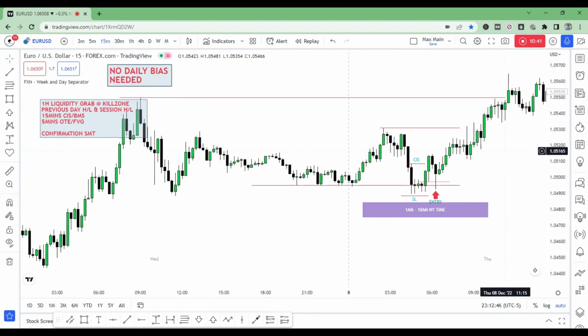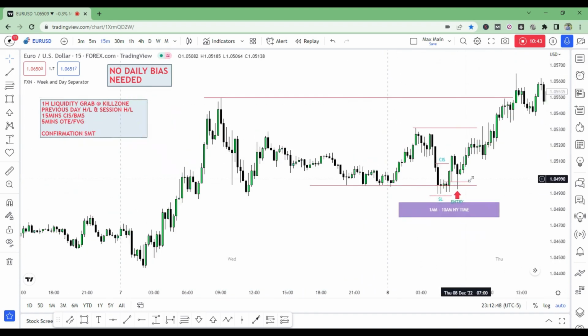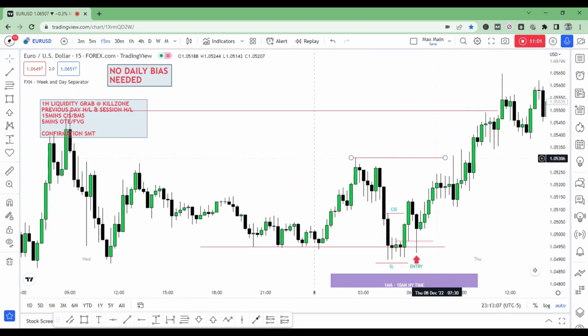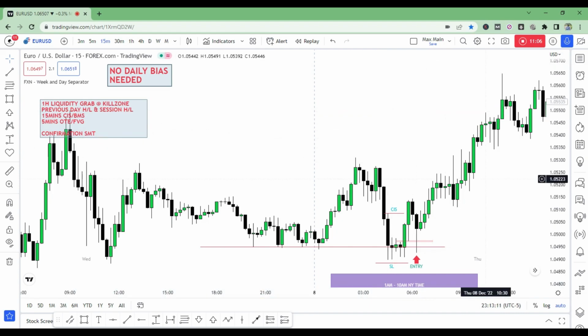On this day, once I took this trade, the market just went higher and higher. But since we are not relying on the daily buyers, just use the nearest liquidity, and if there's a daily high that is close, just use that high and you'll be okay. So let's look at another example.